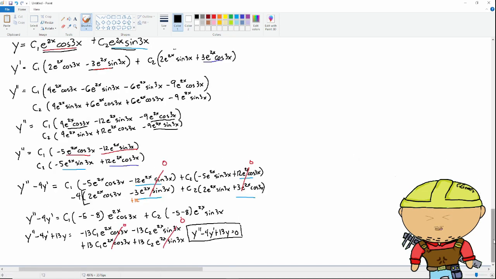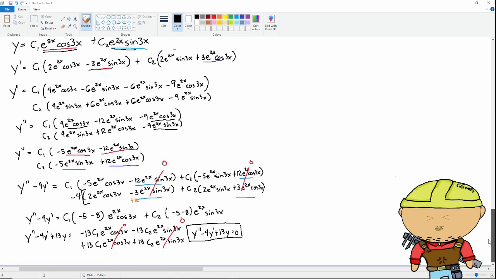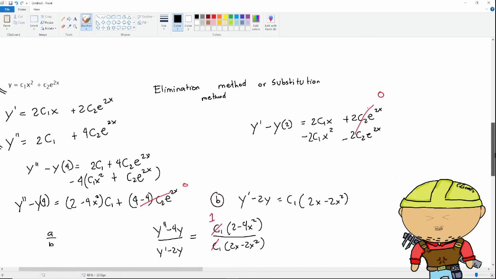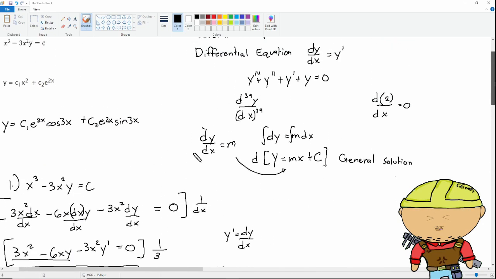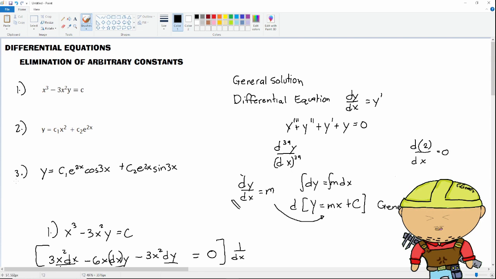I hope you guys learned how to eliminate arbitrary constants, especially these 3 problems. At the end of the day, we don't know if these will be the equations you will be handling in your exams, challenges, or math exercises, but it is important that you know the process.